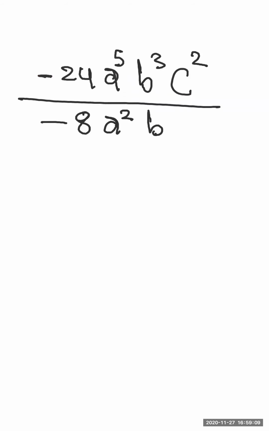How to divide this one? As usual, guys, the same procedures. I'm going to divide the two coefficients, negative 24 divided by negative 8. So negative divided by negative, we just said it 5 minutes ago, it will be positive. Two same signs. Okay, so 24 divided by 8 means 3.